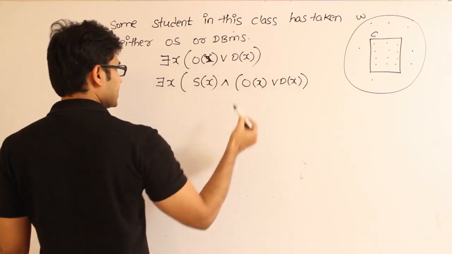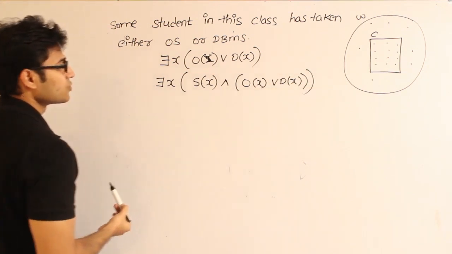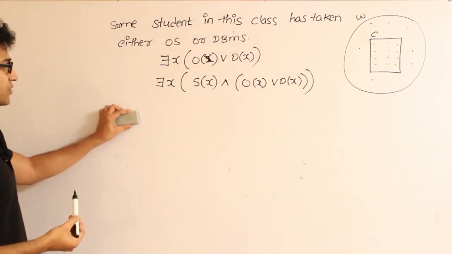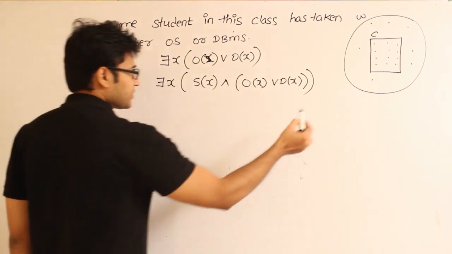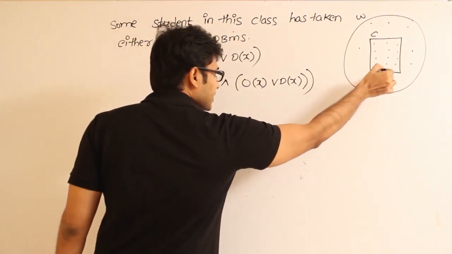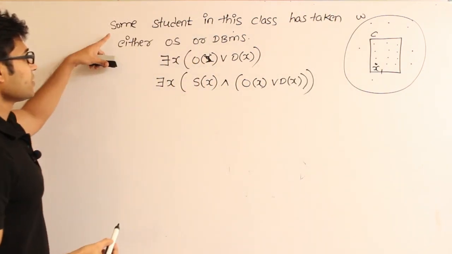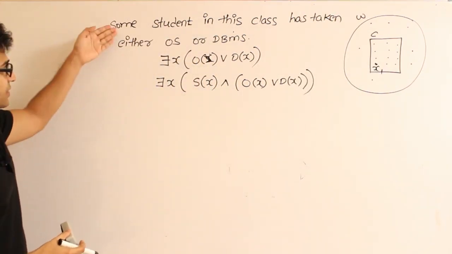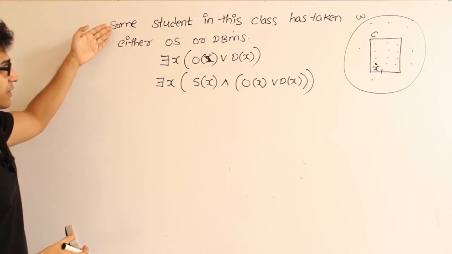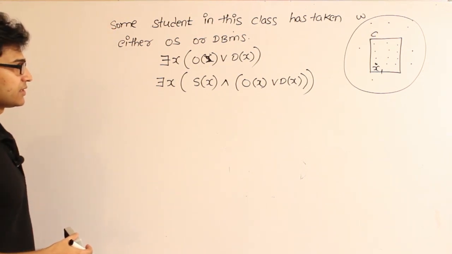Now let's see or argue why this one is true. Let us assume that there exists at least one student x1 inside the classroom who has taken operating systems. Then this statement has to be true, because there is at least some student in the classroom who has taken either operating systems or DBMS, isn't it?